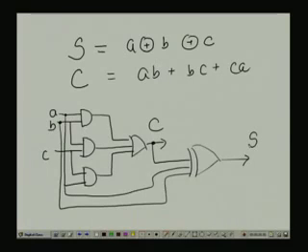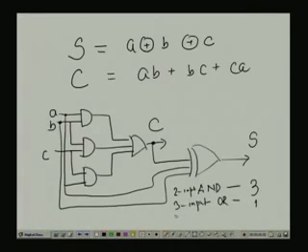So, this is also another kind of realization where the AND gates are needed. This is a 2 input AND gate, this is a 2 input AND gate. The number of 2 input AND gates needed is 3, 3 input OR 1 and 3 input XOR, that is also 1.